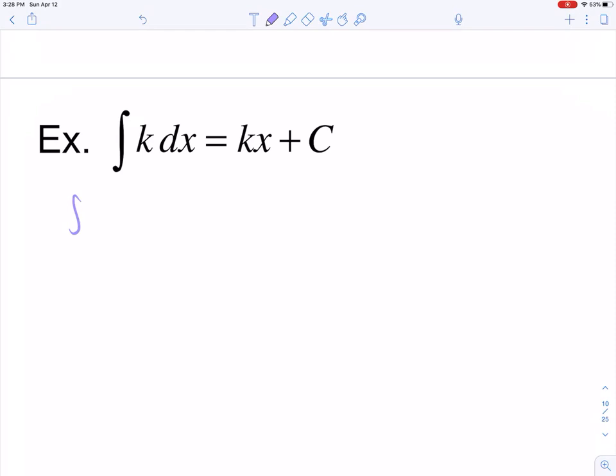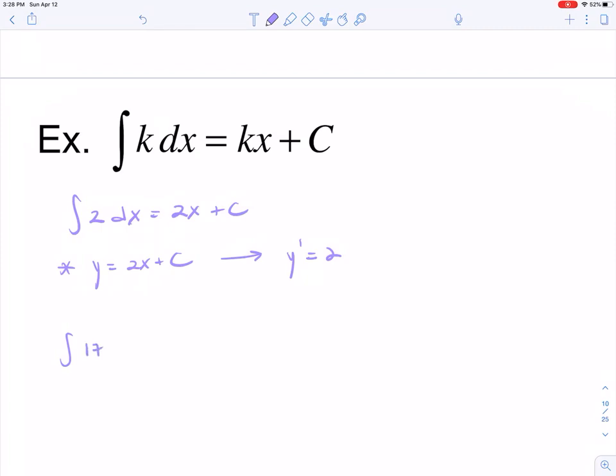Okay, so I just want to give you a couple examples. When we're integrating a constant, let's say that we're integrating 2 with respect to x. The integral of 2 with respect to x would be 2x plus c. That's because if we were to take the derivative of 2x plus c, we would just get 2.